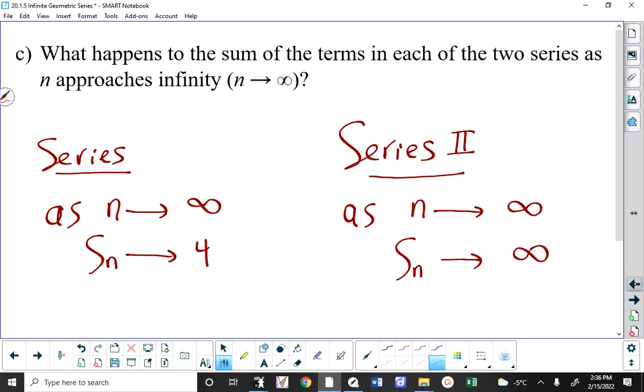What this means is that at infinity, even though theoretically you can't get there, the sum will be 4. Or if I said, how many terms would you have to add to reach 4? You would answer infinity, even though you can't get to infinity. And maybe that's the whole point. It's an infinite number of terms.